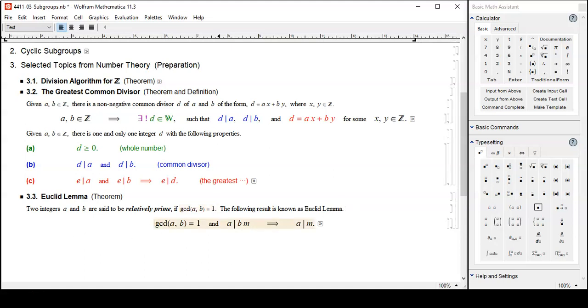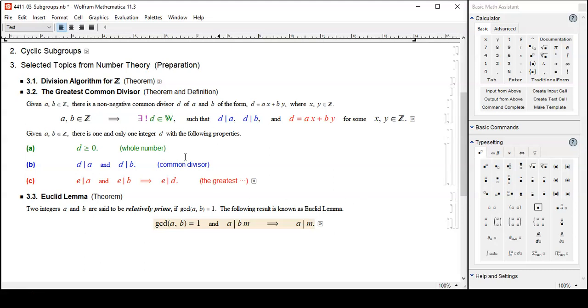If a and b are relatively prime, that is GCD is 1, and a divides b times m, then a divides m. So a and b are relatively prime, so they do not share any prime factor. So everything in a must belong to m if you know prime factorization. But there's a problem. The proof of prime factorization is really, really hard, and it requires these kinds of things. So that's not the right way to prove it.